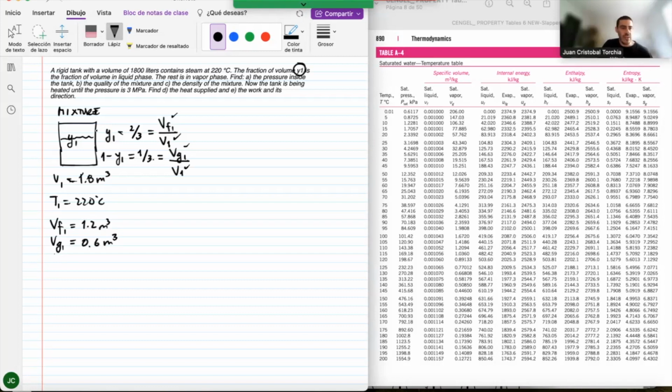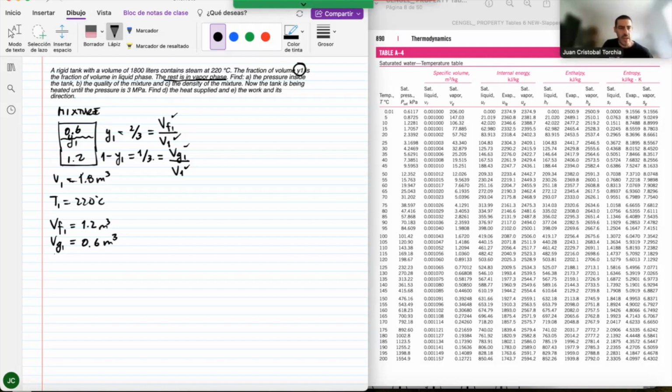So you can see that here you have 0.6 of vapor phase and 1.2 of liquid. That's how this is occupying the whole volume. I haven't read anything yet, but I already have a lot of data from the start. The rest is in vapor phase. Thank you for clarifying that, but we already knew that.